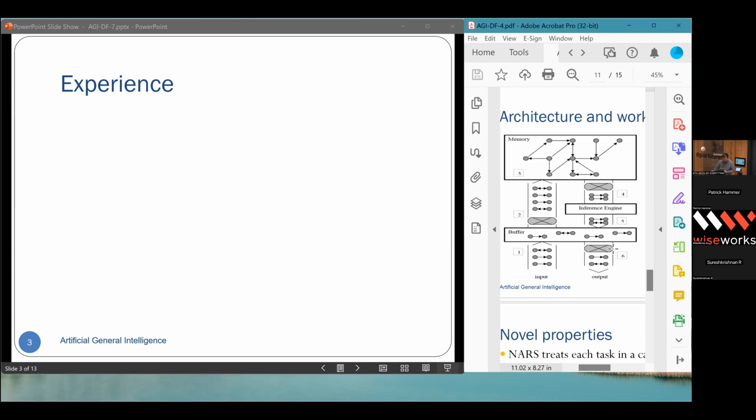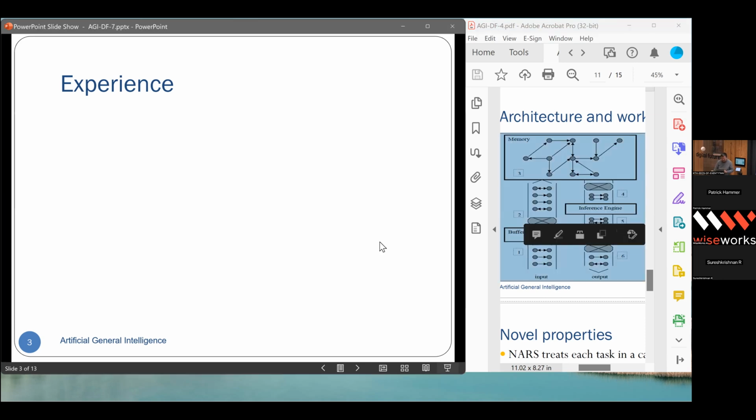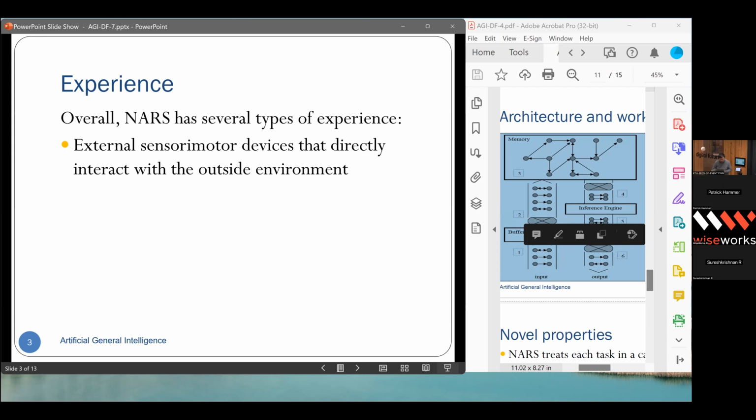Now, in the new architecture, we have several types of experience. The first type is what I mentioned. That's kind of like what people tend to think about first. We can call it external sensory motor device.